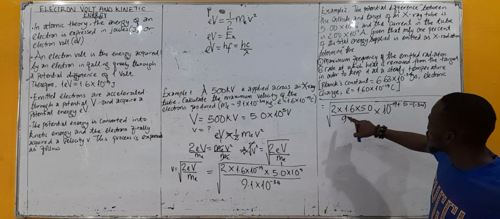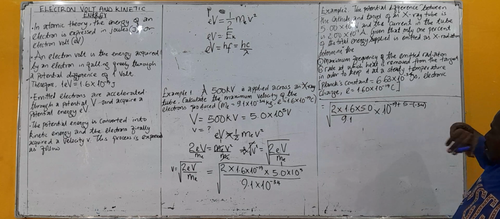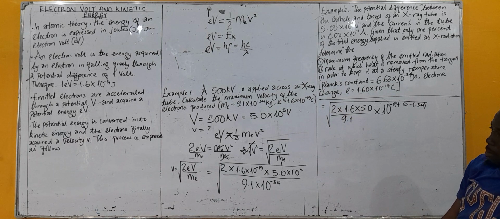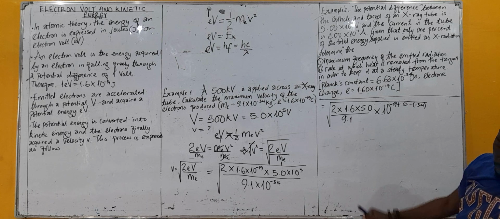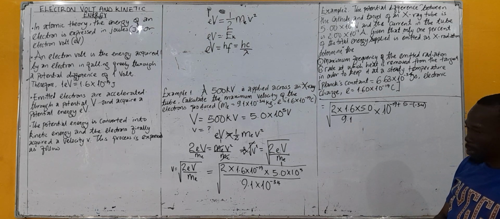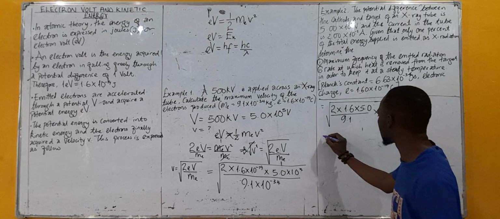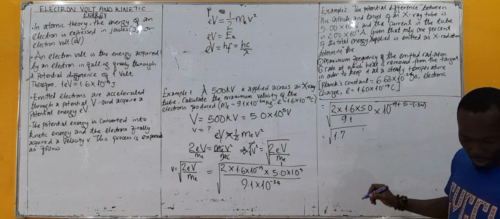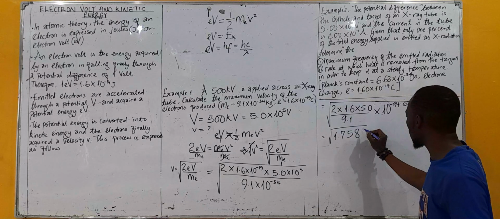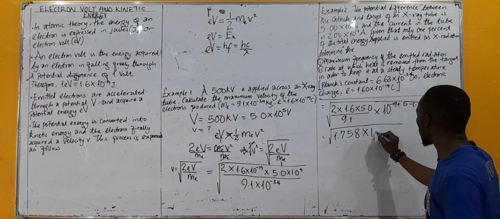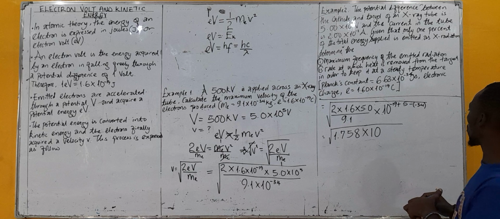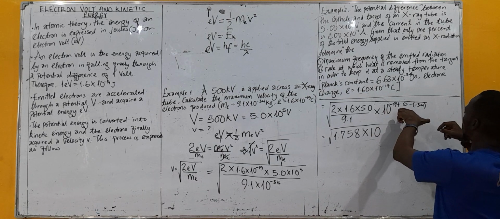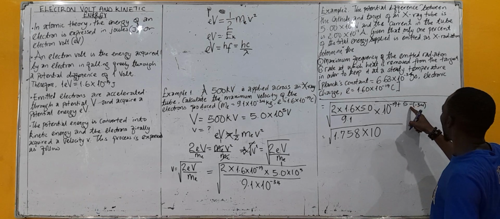Okay, so what is 2? 2 times 5 is 10. 10 times 1.6 becomes 16. 16 divided by 9.1 is 1.758 times, and let's do this, 10 to the power of, now we have minus 19 plus 5 minus minus.